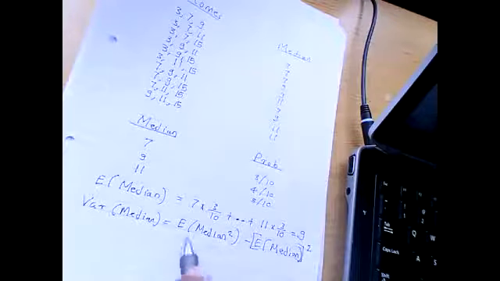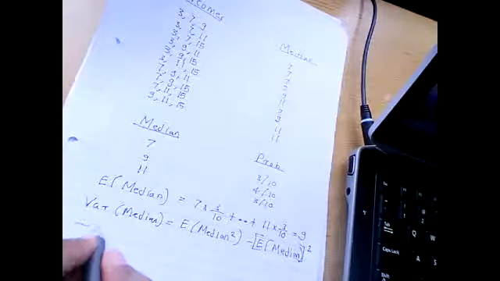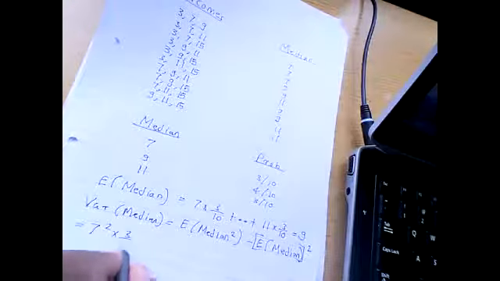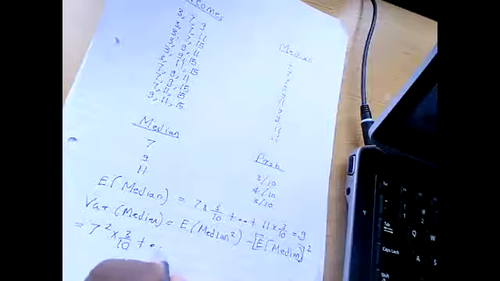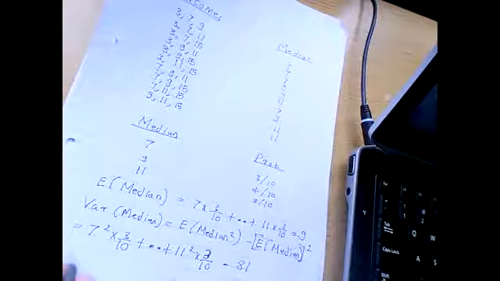To compute this, I'm going to use this table here one more time. So it's going to be 7 squared times 3 over 10 all the way up to 11 squared times 3 over 10, minus the square of the expectation, which is 81.